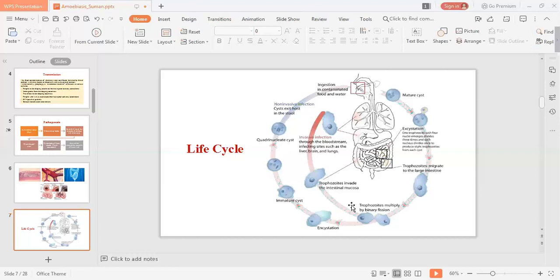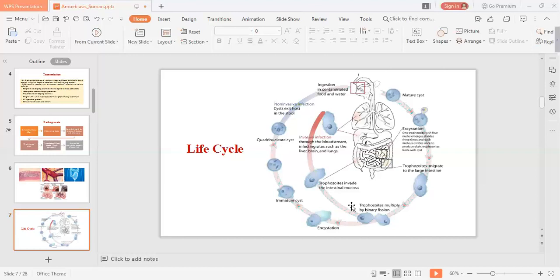Both stages are passed in the feces. Cysts can survive days to weeks in the external environment and remain infectious due to the protection conferred by their walls. The trophozoites passed in the stool are rapidly destroyed once outside the body, so they cannot stay for long.